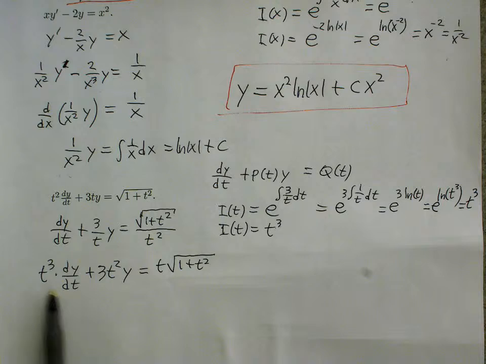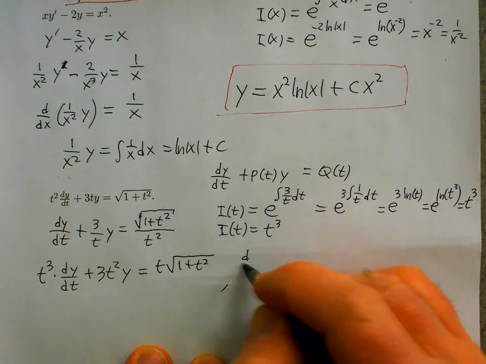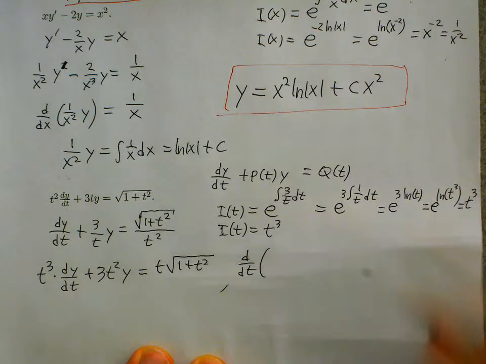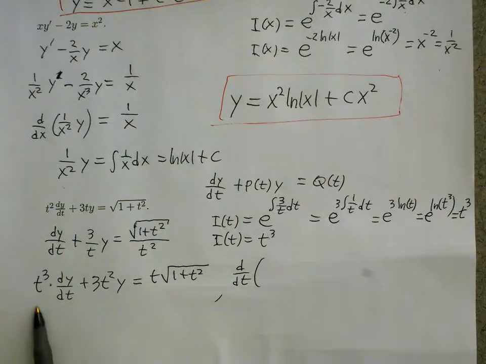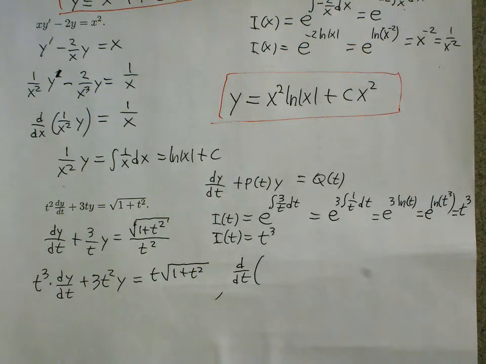The left-hand side is just the derivative of a product of two functions. This one's a little more obvious than the previous ones. So the derivative with respect to t of what function equals this left-hand side? Yeah, t to the third times y.